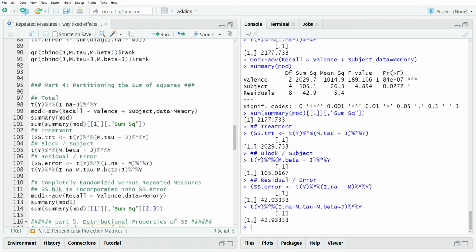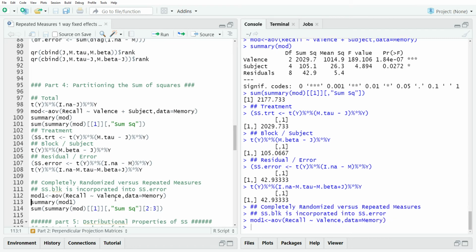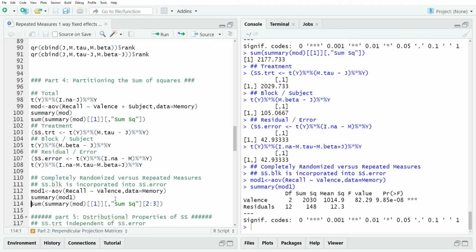Then here we compare, what if we just were to use this as a completely randomized design versus a repeated measures design? So this next step, we leave out subject as a component of error and calculate it. And notice the error is 148.